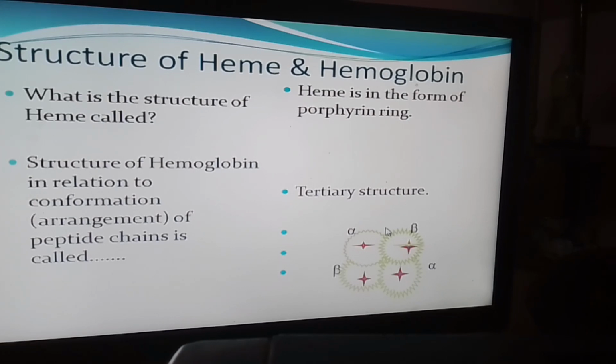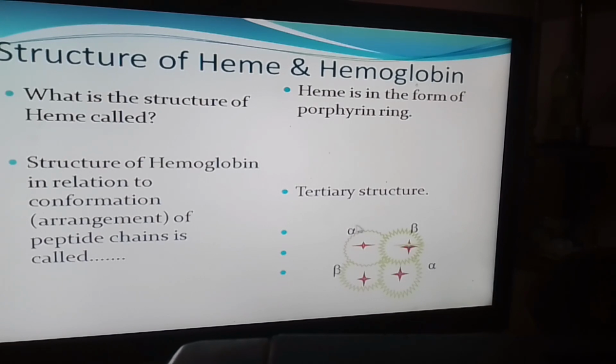And here also you can assume, according to the complexity and folding of the amino acid chain, peptide chain, the proteins are considered into 4 structures: primary structure, secondary structure, tertiary structure and quaternary structure.